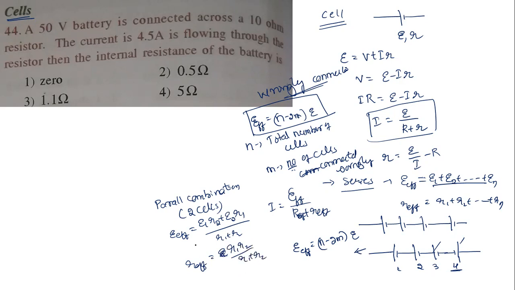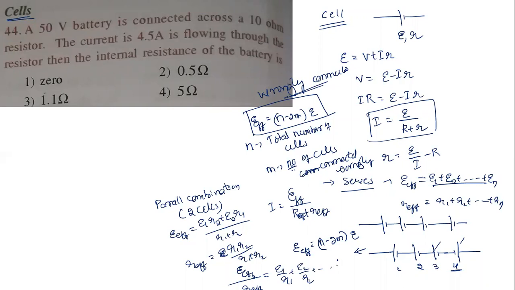So these formulas we know. And one more normal formula: E effective divided by R effective equals E1 by R1 plus E2 by R2, plus so on, depending on how many there are.